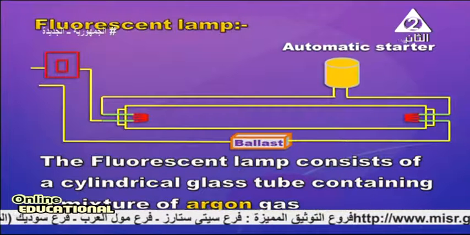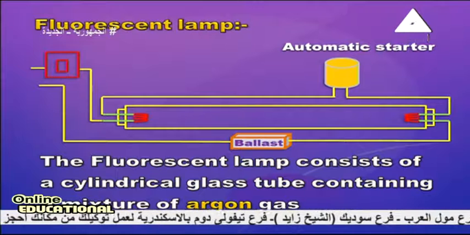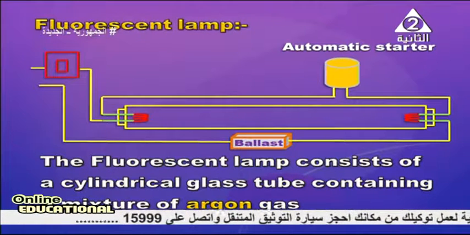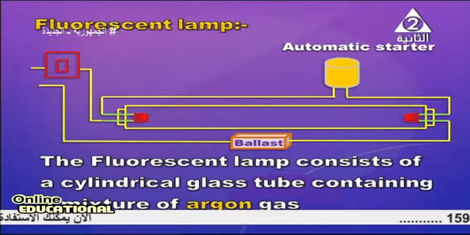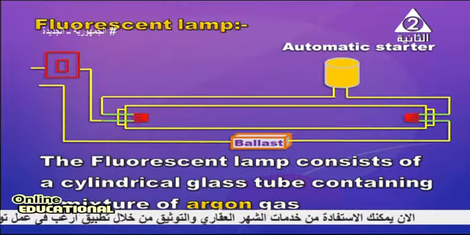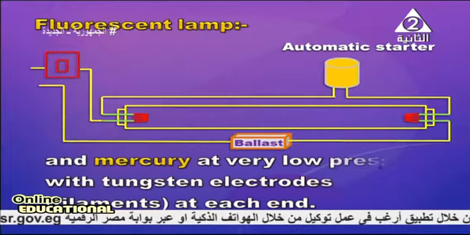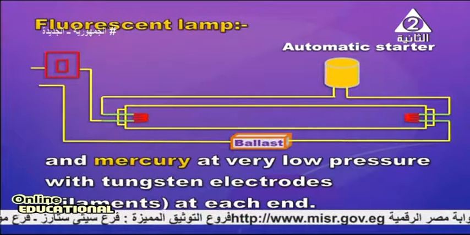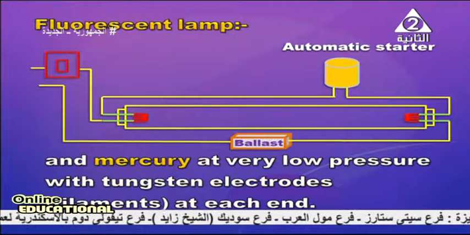You can note something here: we've got an automatic starter and a ballast. The ballast is an inductive coil, and we've got two tungsten filaments, one at each end of the tube. So the lamp consists of a cylindrical glass tube containing a mixture of argon gas and mercury at very low pressure, with tungsten electrode filaments at each end.